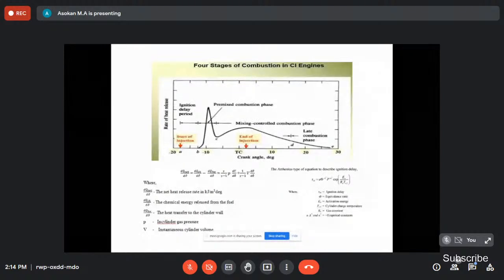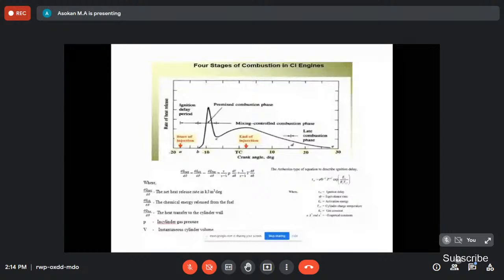Okay. So you see the end of injection after TDC. It takes about 18 to around 20 degree crank angle for the fuel injection. So in the later part, after the previous combustion, even as the fuel injector injects the diesel, this fuel attains the ignition temperature very quickly, since the temperature is very high and combustion is already happening.